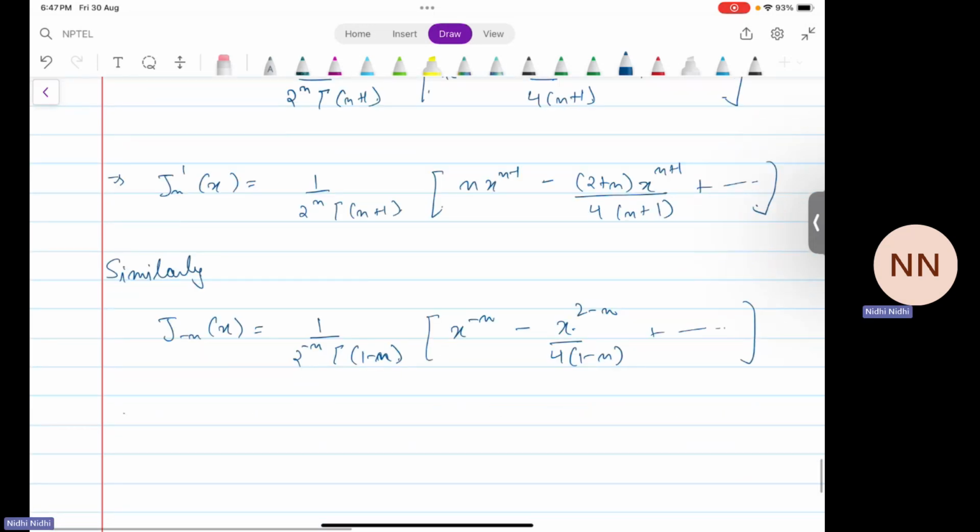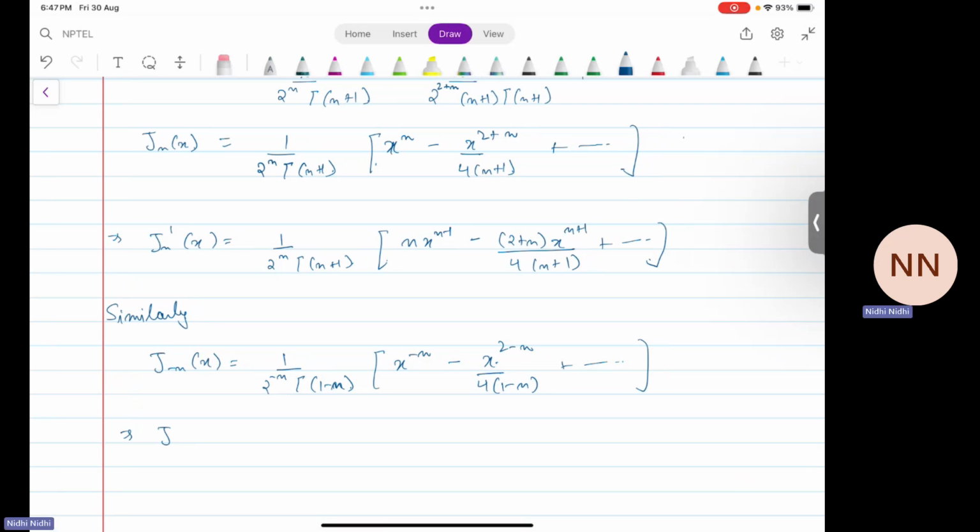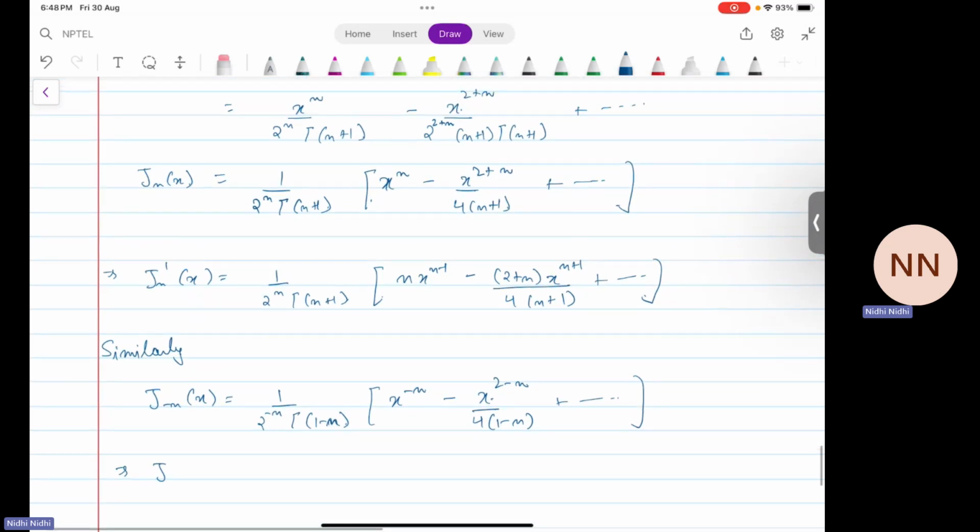I have just replaced n by minus n to find the value of J_{-n}(x). I am just expanding the series. Because we want to know what will be the coefficient of 1/x, we'll be multiplying J_n(x) by the derivative of J_{-n}(x) and whatever else was required.